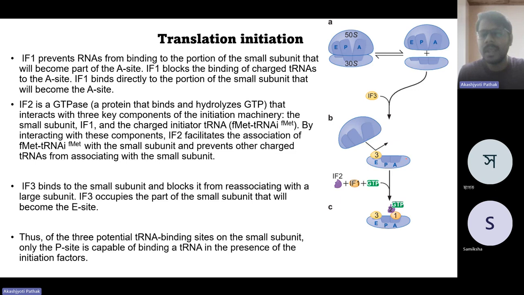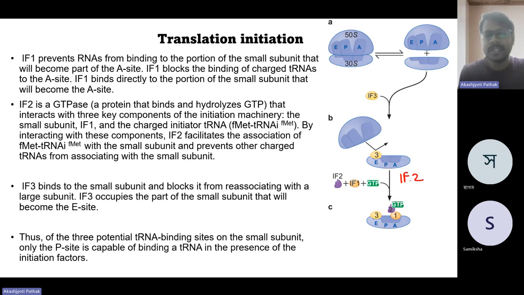Similarly, the A site gets occupied by initiation factor 1, so that the only site left for binding to the initiator tRNA is the P site. After IF3 and IF1, initiation factor 2 comes into play.